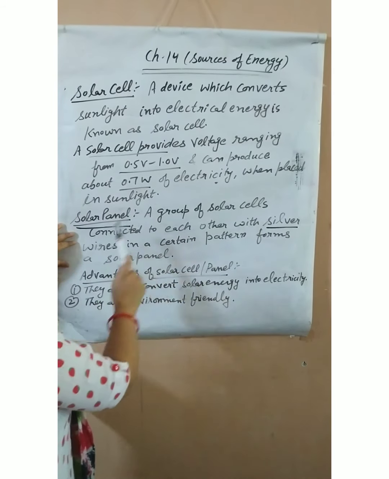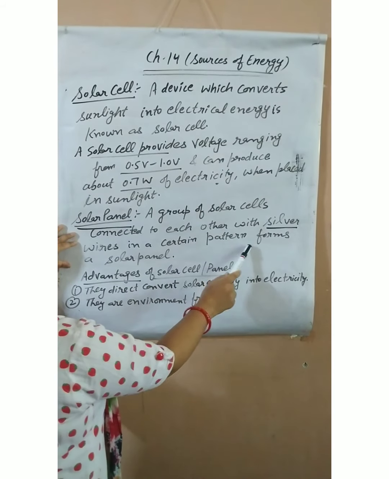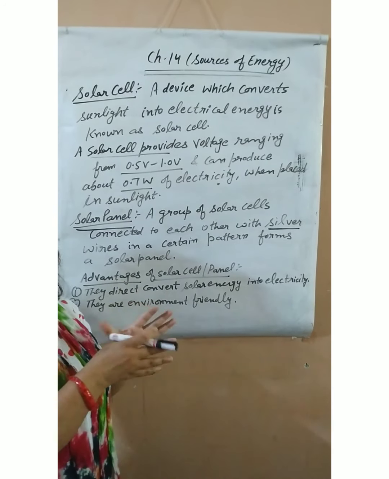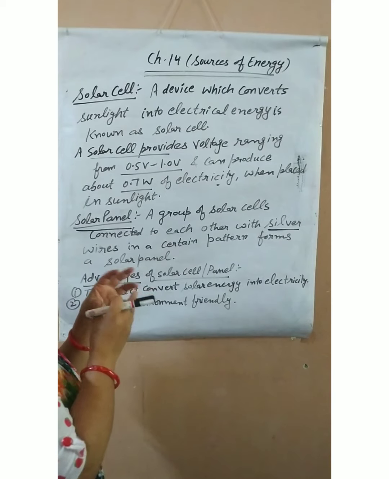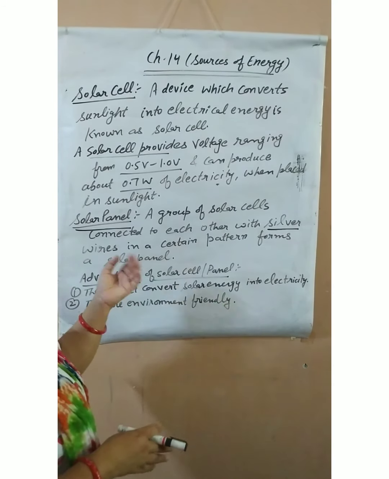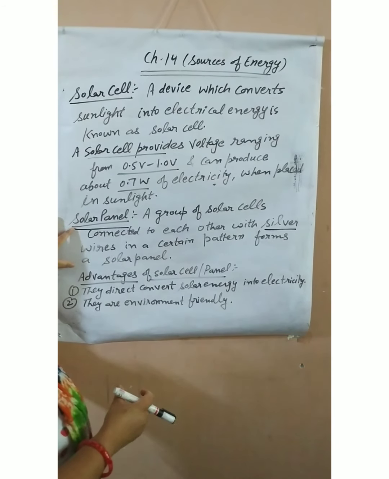In these panels, solar energy is directly converted into electricity, and this electricity can be stored in batteries, and whenever no sunlight is there, at night time or on a cloudy day, using that battery storage we can use this electricity.